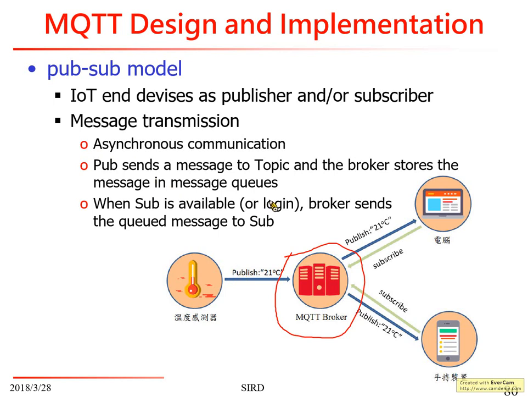So the publisher sends the message to the broker, and they have to tell the broker where to put it based on the topic. And the broker will store the message in its message queue. And whenever the broker detects some subscriber online, it will send the message to the online subscriber.